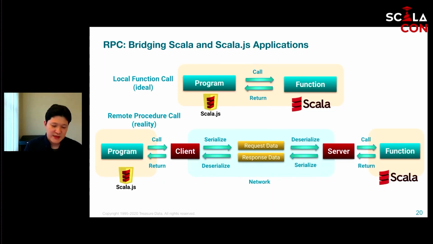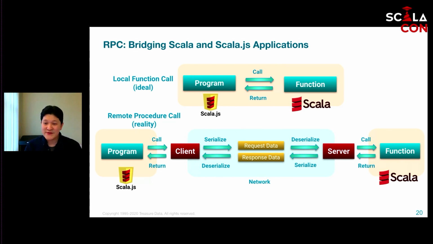So now you are ready to create a UI by using Scala.js. The next step is how to interact your Scala.js application with a server-side application written in Scala. Ideally, we would call some function inside Scala.js and get a response from the server side.